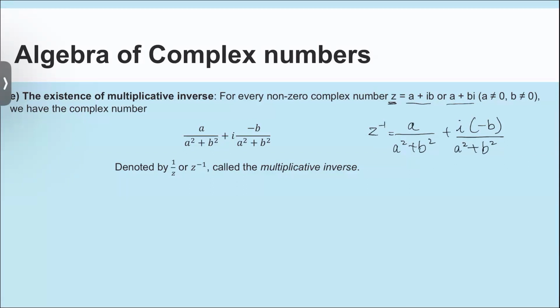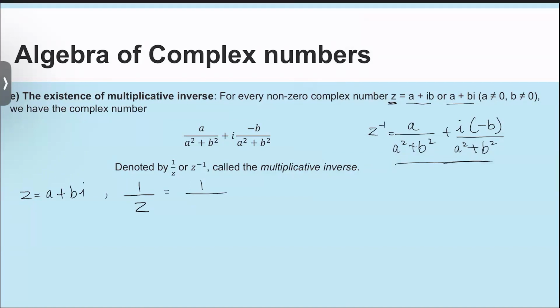Suppose we try to find out how we are getting this expression. Suppose we consider z is equal to a plus bi. If we take it as 1 by z, so you have 1 by a plus bi.